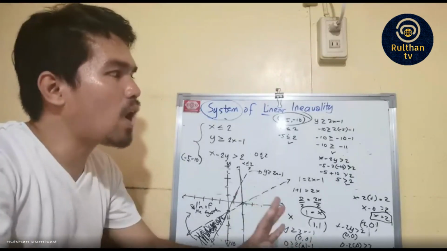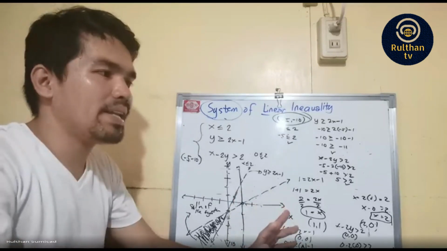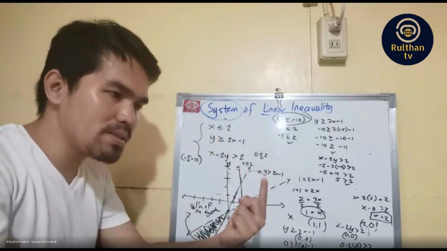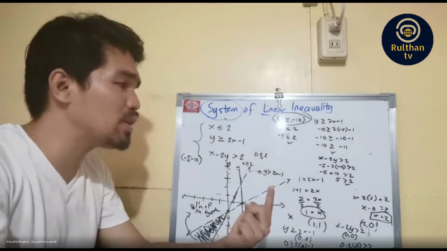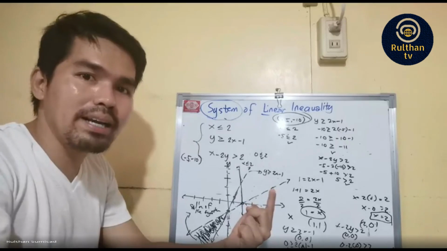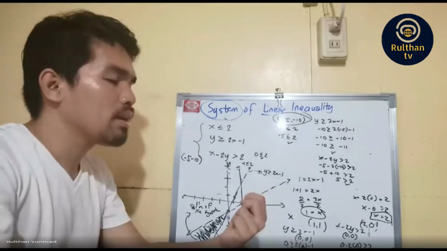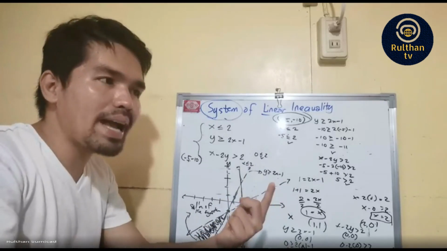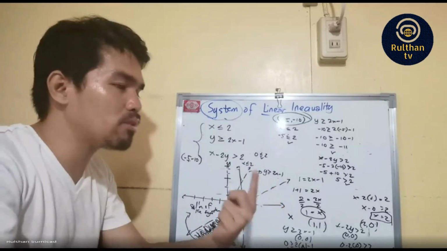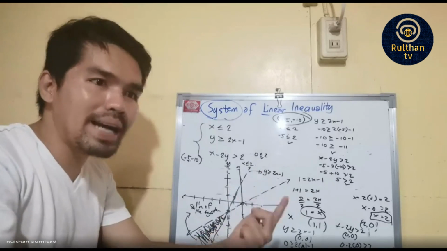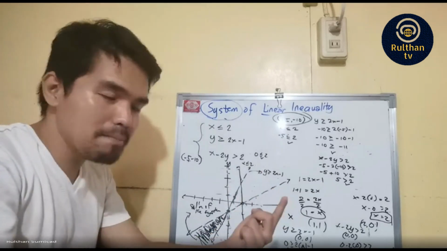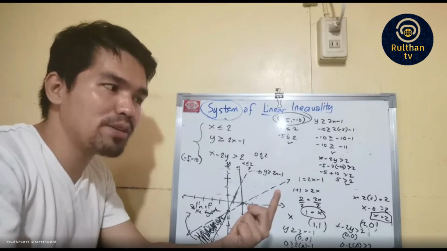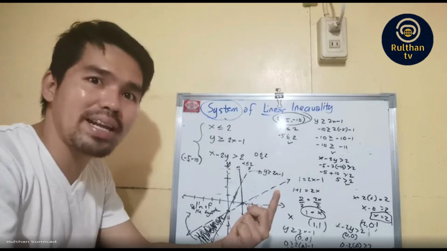So if we will recap now the steps in finding the solution of the system, first, when we talk about a system, it includes two or more linear inequalities considered as one. To find the solution, first we write each inequality in the system as an equation, and then we graph each one, and then we locate the region for the solution of each inequality, and then look for the colliding section.